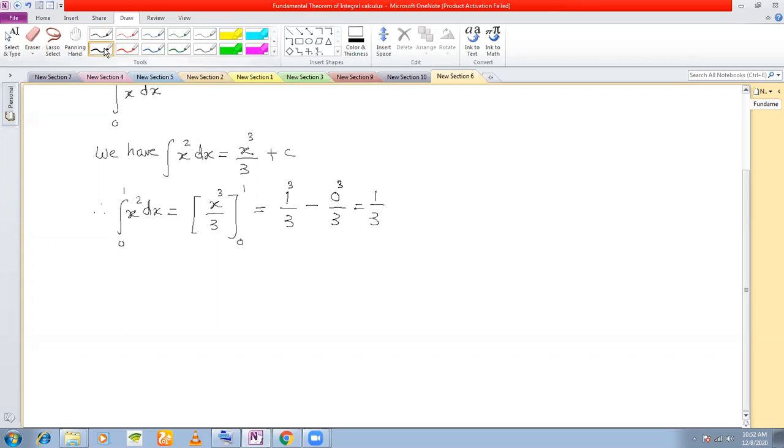Okay. Now, what happens in substitution? Suppose we are given an integral to evaluate where you have to substitute, and it is a definite integral. Then what do you do? Let us take an example in this regard.